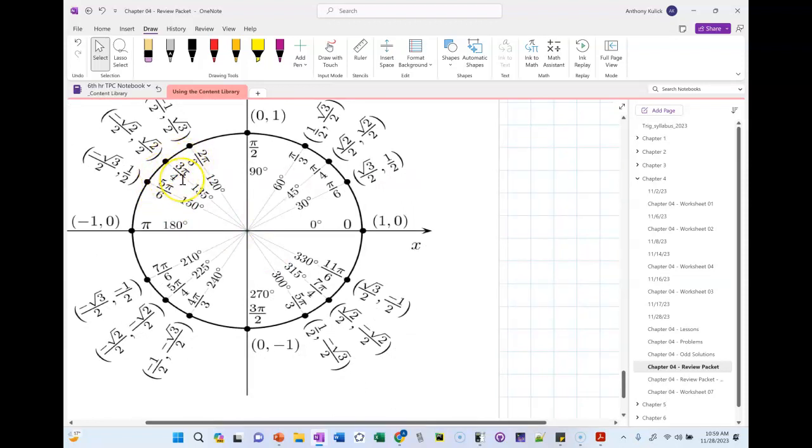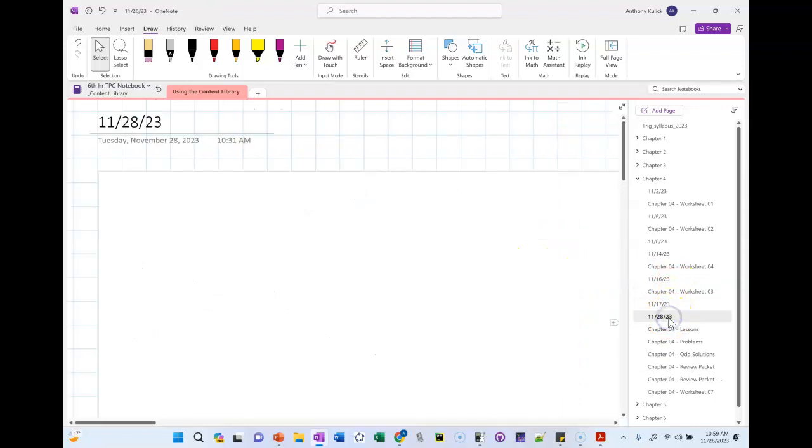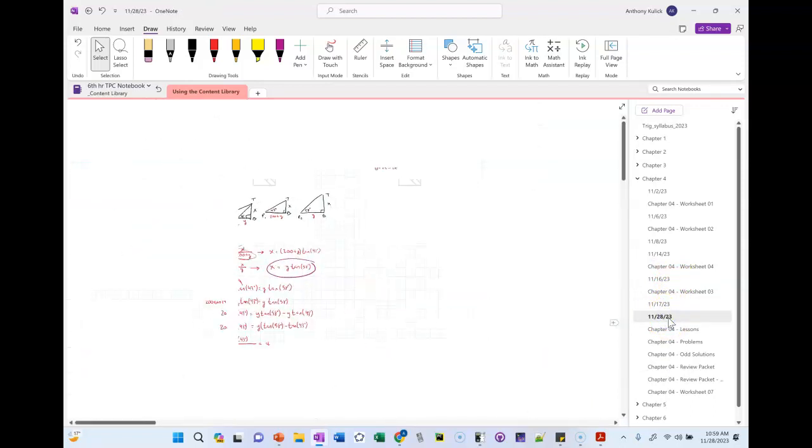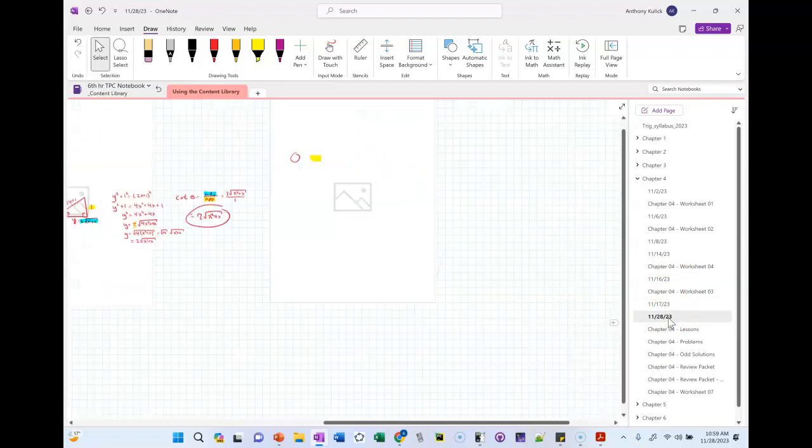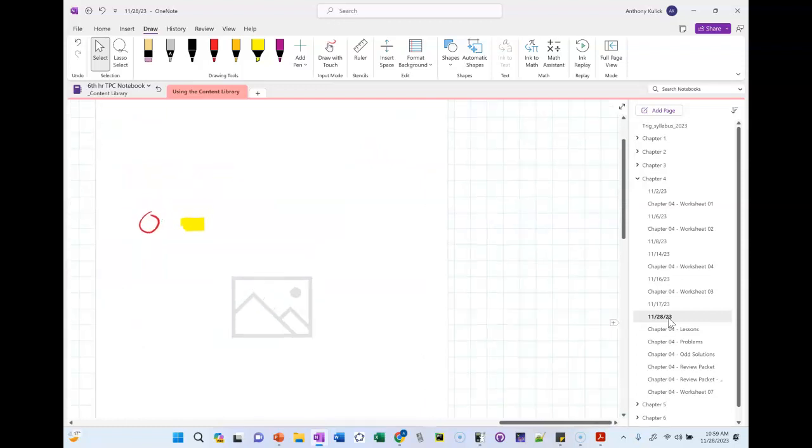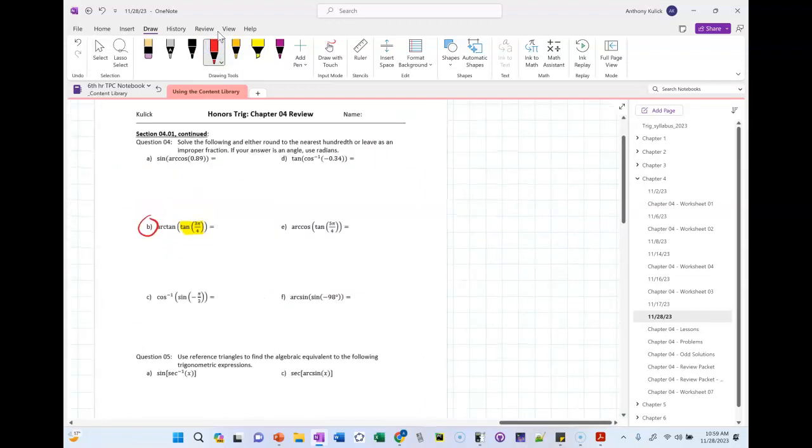And tangent is y over x. So it's root 2 over 2 divided by negative root 2 over 2. So that's just going to be negative 1, right? So that stuff just becomes negative 1.